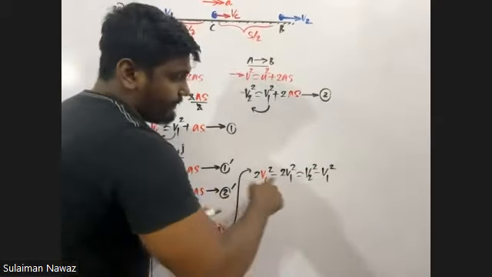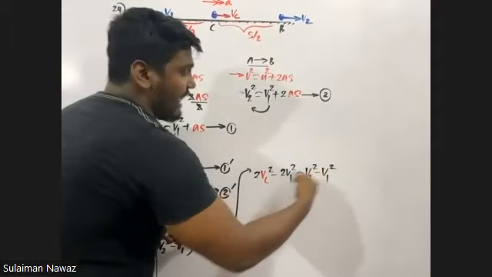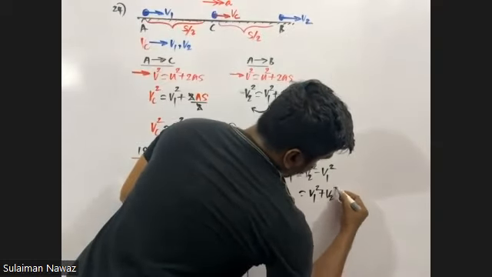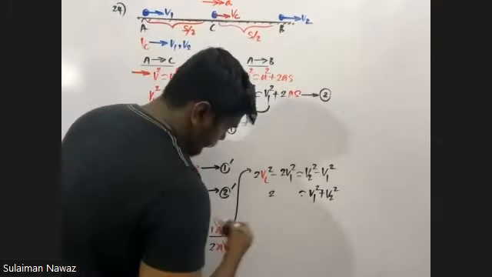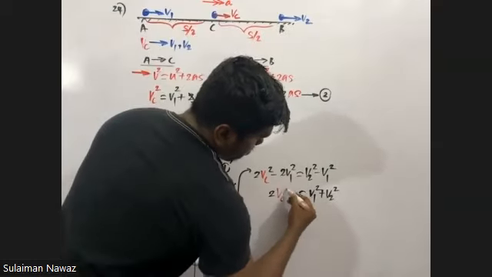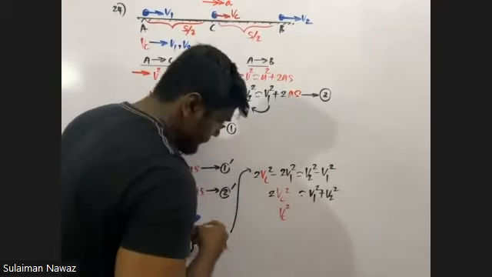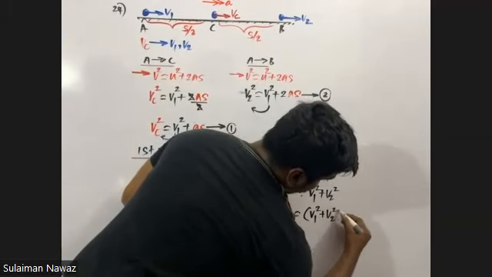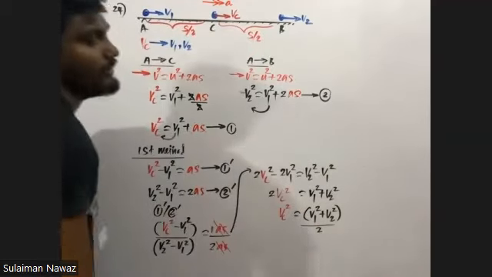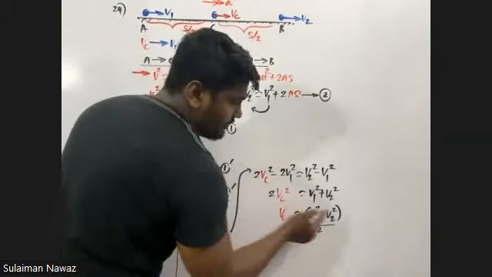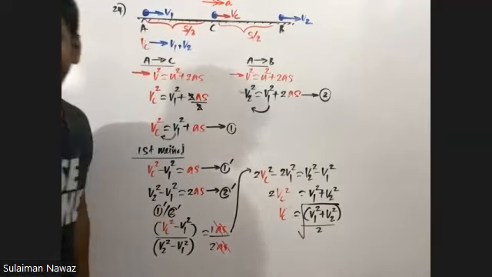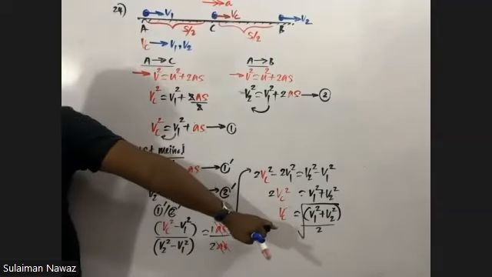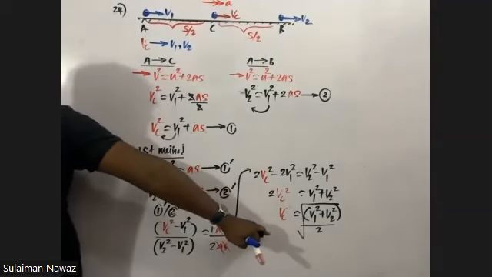Then you will get V1 squared plus V2 squared equals 2 VC squared. So VC squared equals V1 squared plus V2 squared over 2. If you want to find VC, take the root. That's the answer. How many of you understood the first method? Raise your hands.